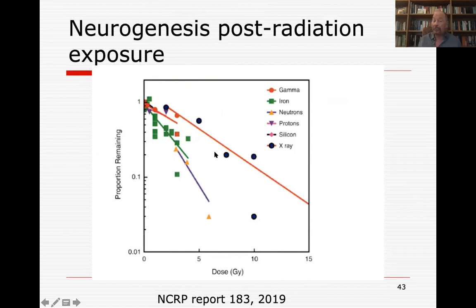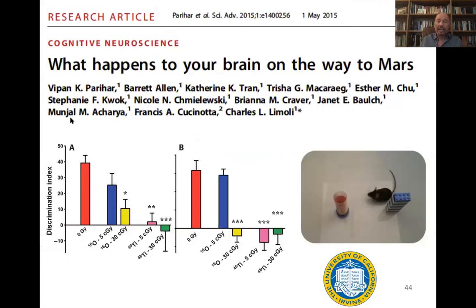This is pretty clear. You see that there is a pool of different results showing that there is a quite clear increased RBE for the inhibition of neurogenesis. And this is somehow reflected in cognitive effects. This is a famous paper that came out 5 years ago from the University of California at Irvine.